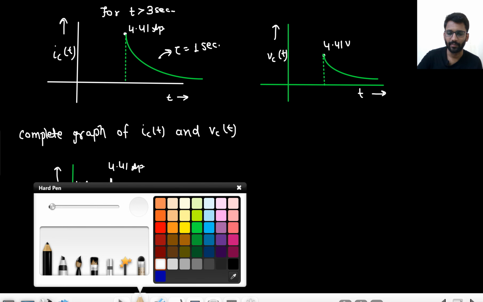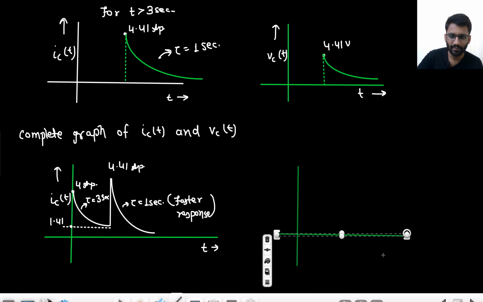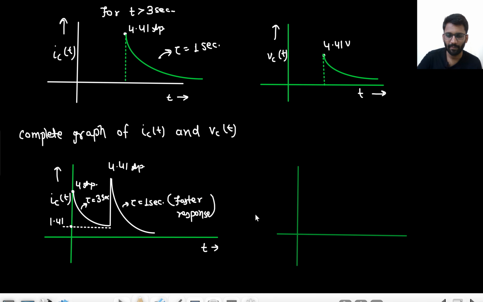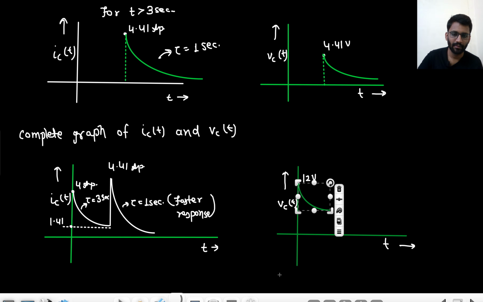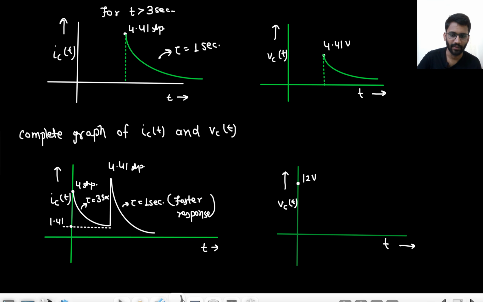Now let's make the graph for v_C(t). It is starting from 12 volt, then with a slow response it is going down to 4.41 volt. I should use a different color.